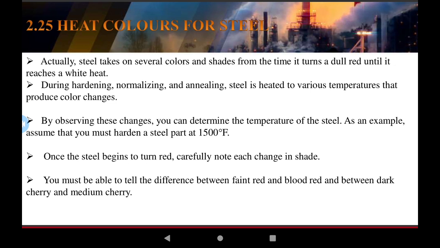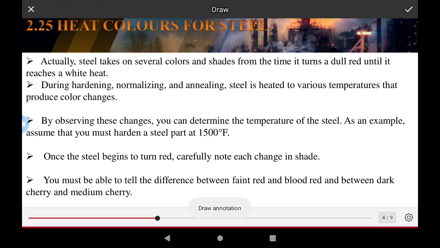Heat colors for the steel. Actual steel takes on several colors and shades, from the time it turns a dull red until it reaches a white color.